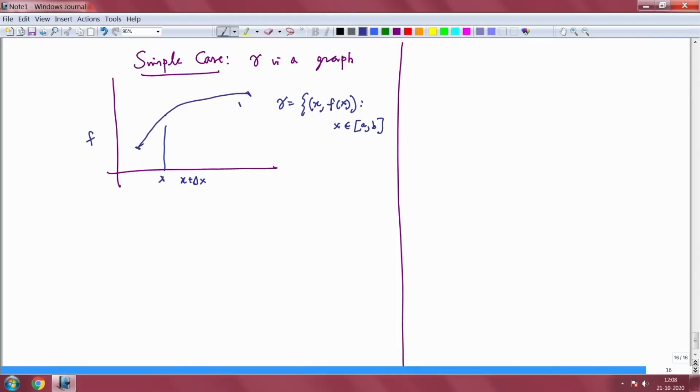So, I have an x here, I have a delta x here. I have a secant. So, this is delta x, this is delta y. So, you have a delta x here, delta y here.